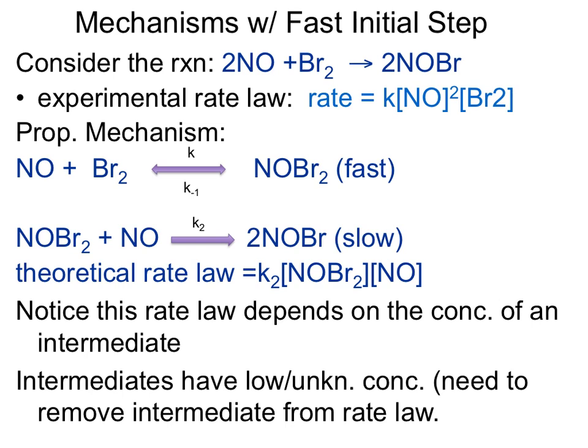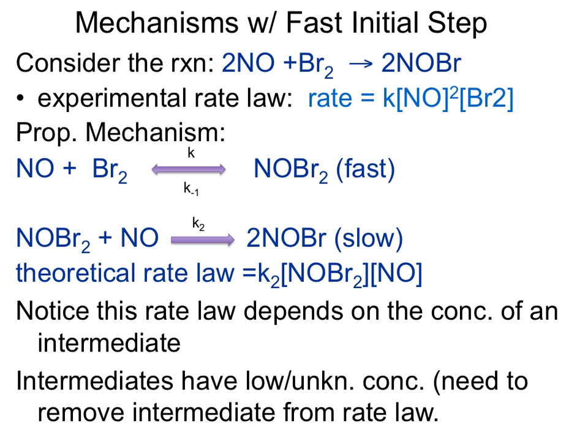Obviously the first thing to always look at is if the sum of our mechanism steps add to our overall reaction. So NOBr2, NOBr2 cancel. We end up with 2 NOs, a Br2, and 2 NOBr remaining. So the first requirement is met.